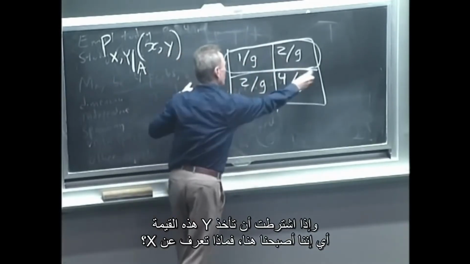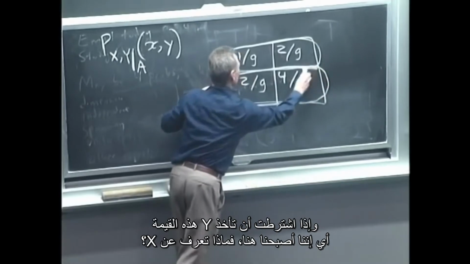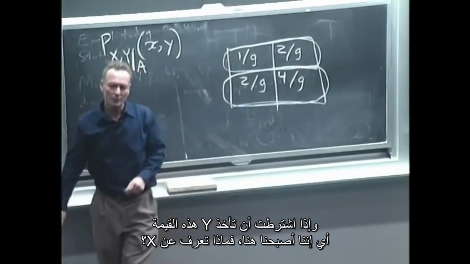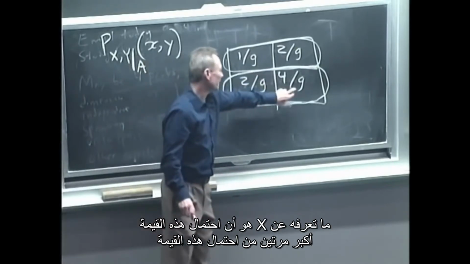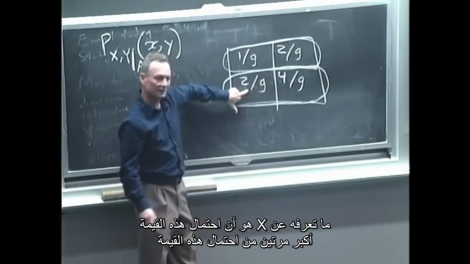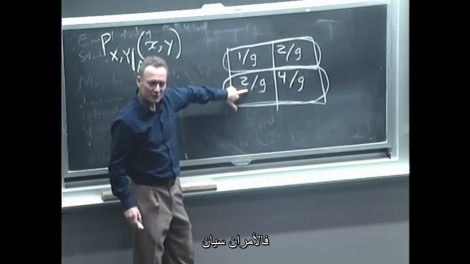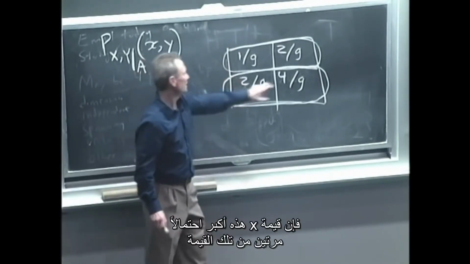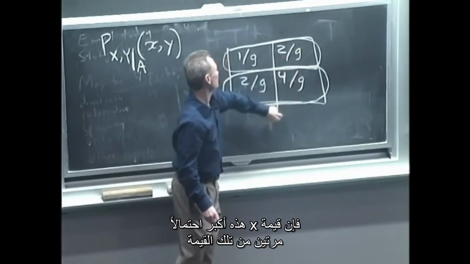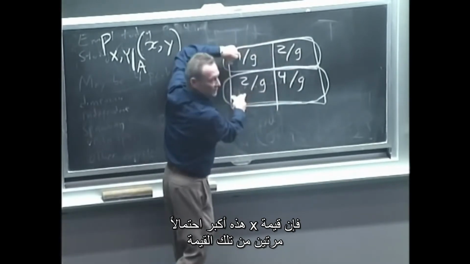If I condition on y taking this other value, so we're living here, what do you know about x? What you know about x is that this value is twice as likely as that value. So it's the same. Whether we live here or we live there, this x is twice as likely as that x.